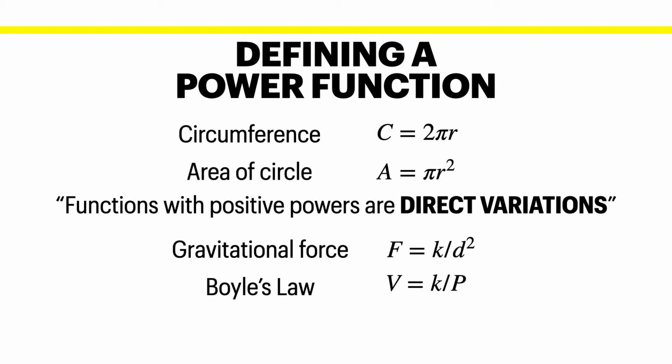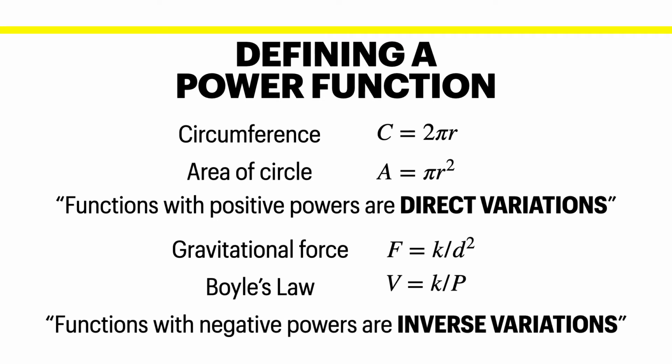In the case of the other two below, the gravitational force and the Boyle's law equation, we notice that the variables are in the denominator, and they have their own powers, and since they are negative, we call them inverse variation, which is something that we already tackled in algebra.